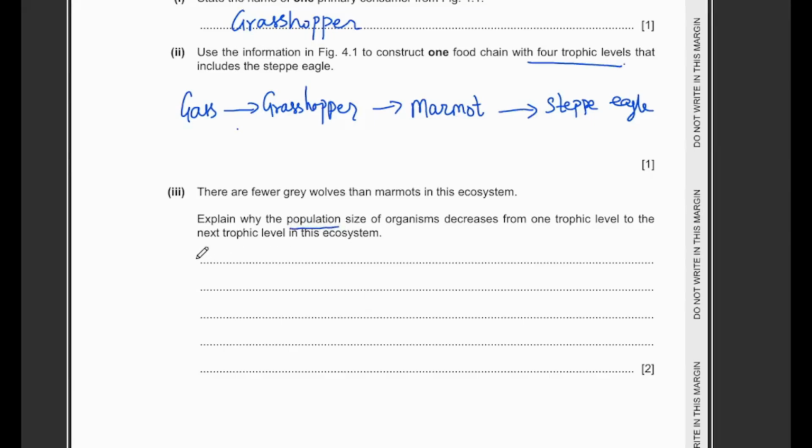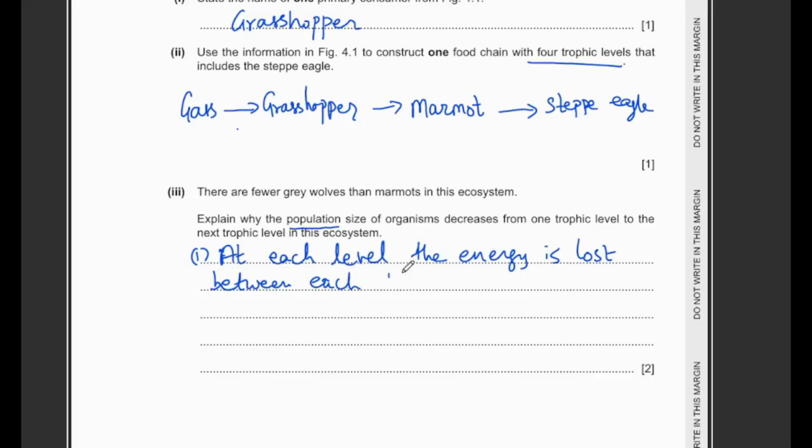Population size decreases because at each level the energy is lost. I think that's enough here. Fine, this is one of the points.